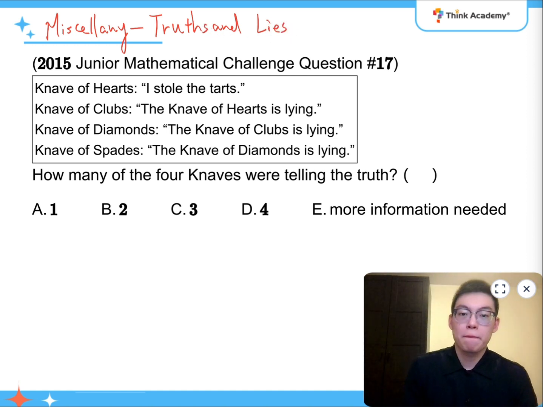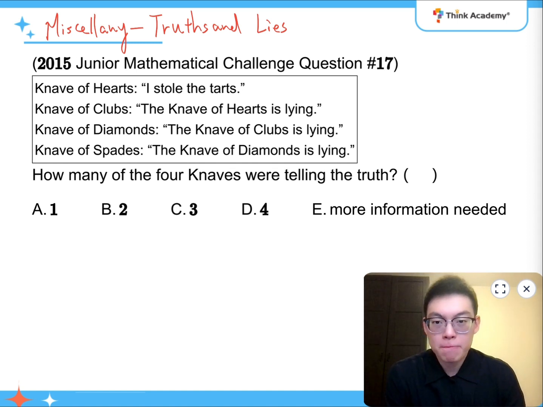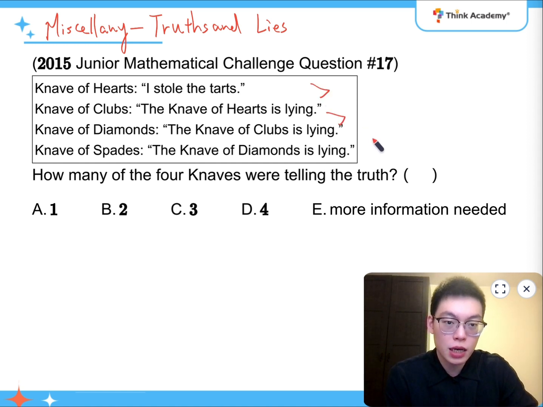So if you read these four statements, the hearts said that he stole the tarts, and the club said that the heart is lying, diamond said that the club is lying, spade says that the diamond is lying, which means that every two of them are contradicting with each other, right?